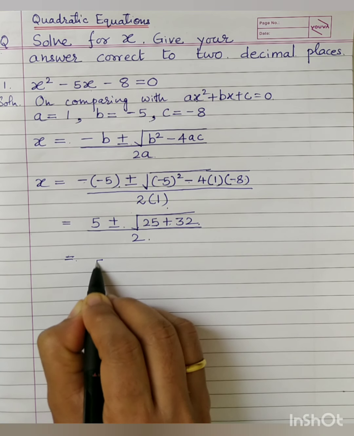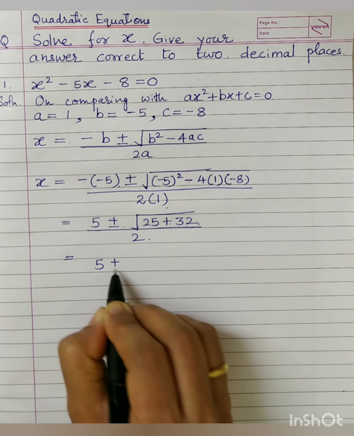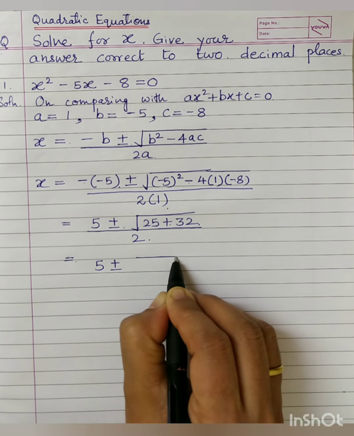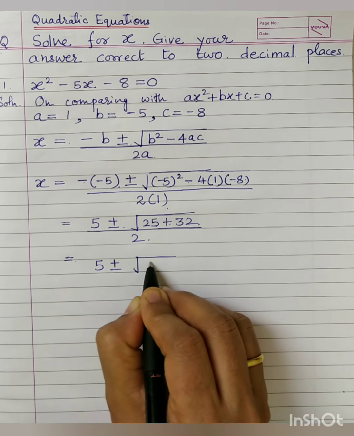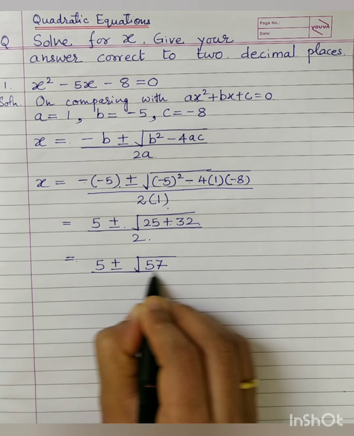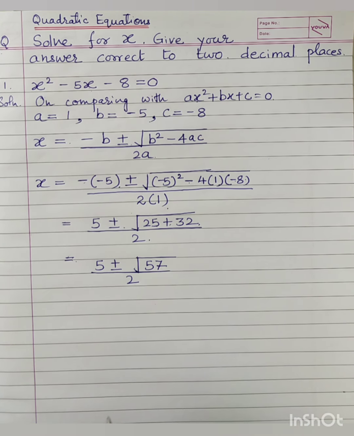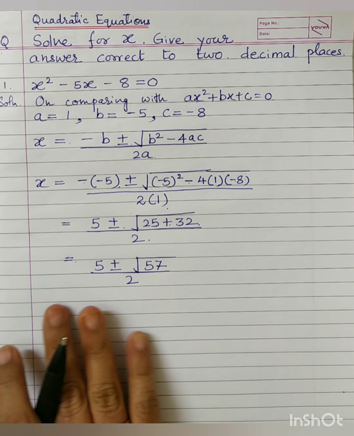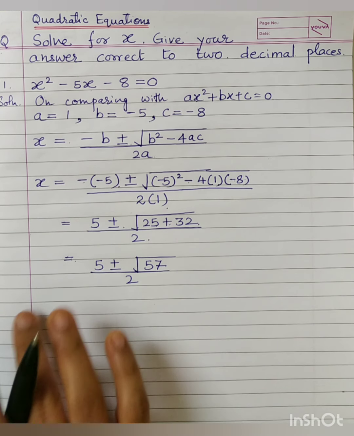That gives you 5 plus minus under root 25 plus 32. What is that? 57, whole upon 2. Okay. So this is how we have got the roots value of x.